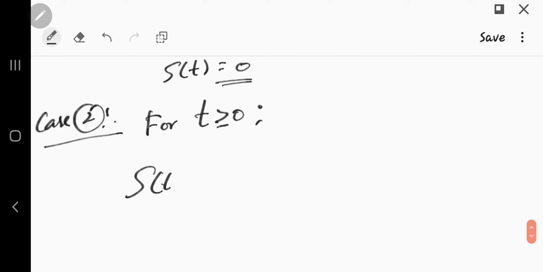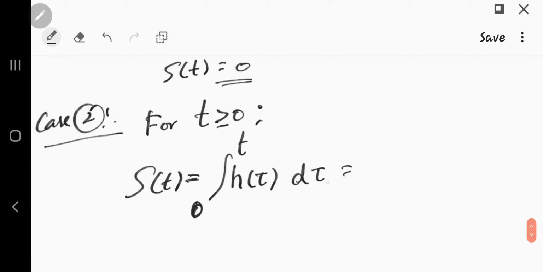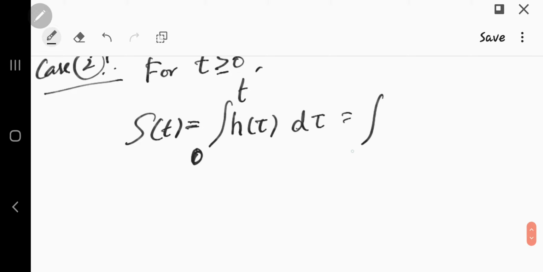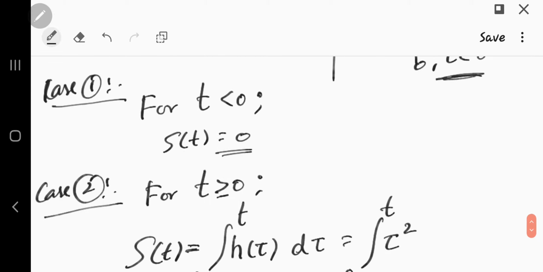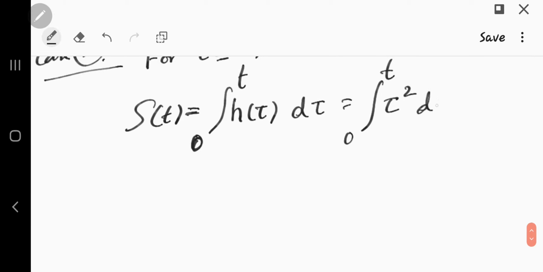So s of t is equal to the integral varying from 0 to t of h of tau d tau. Now h of tau is tau square, and u of tau for values greater than 0 is 1. So it is the integral from 0 to t of tau square d tau.